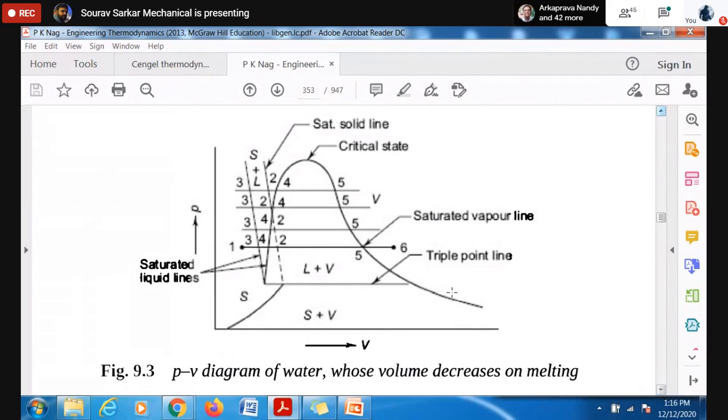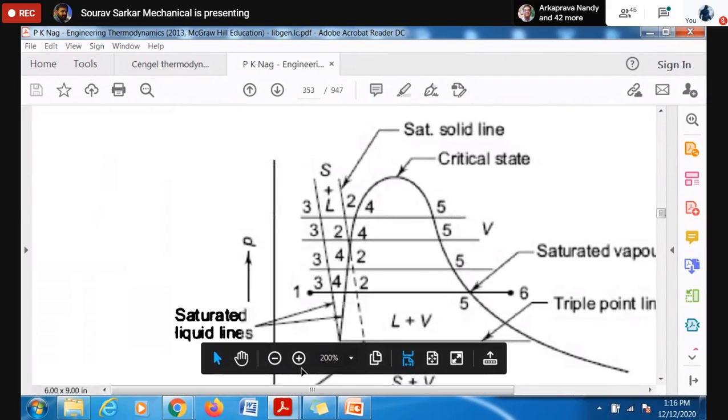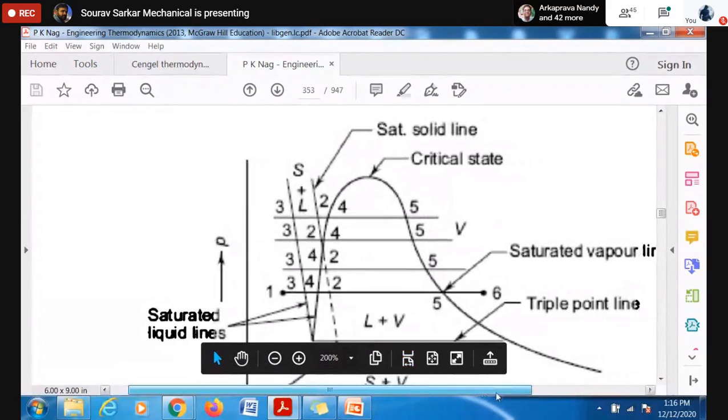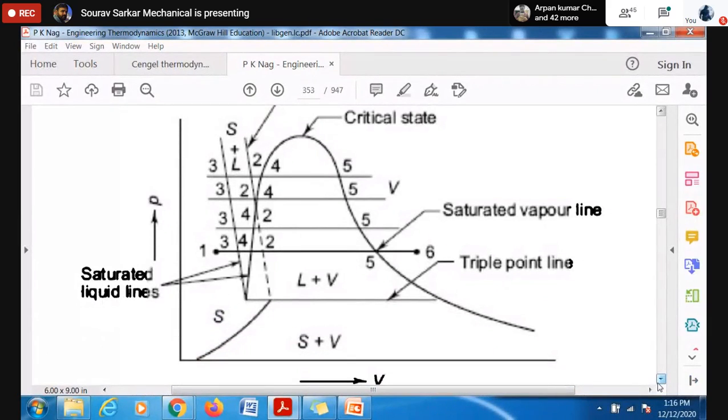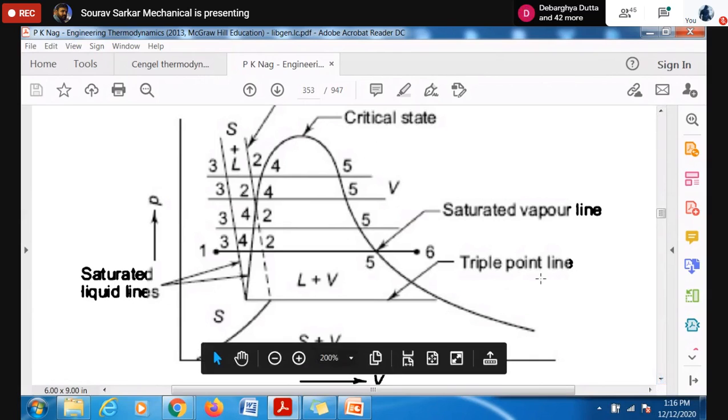So if you look into this diagram, is it visible to you? Yes, sir. Yeah. So this is point 1.